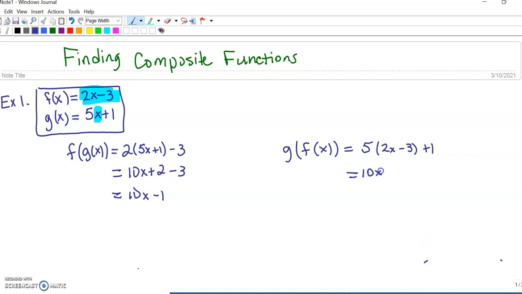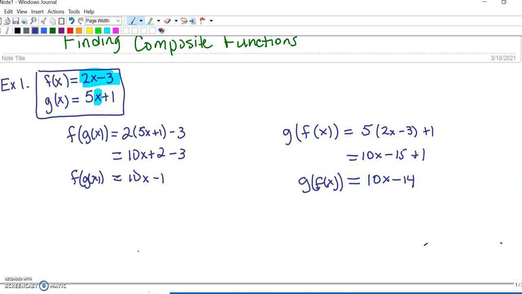So 10x minus 15 plus 1, we're going to combine our like terms to 10x minus 14. Okay, so this one is f of g of x. This one is g of f of x.